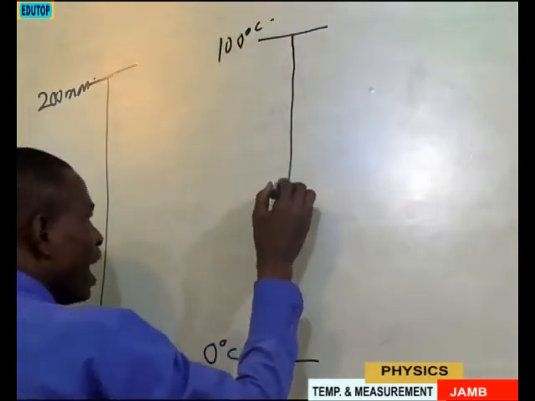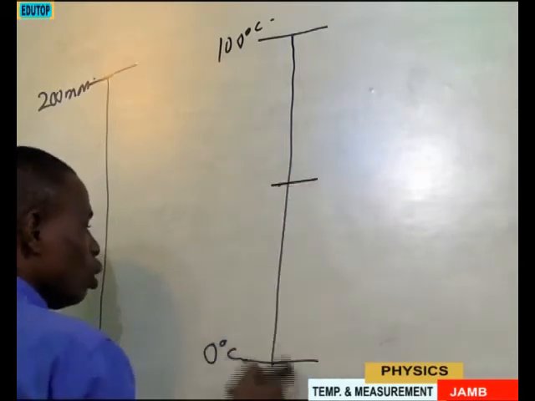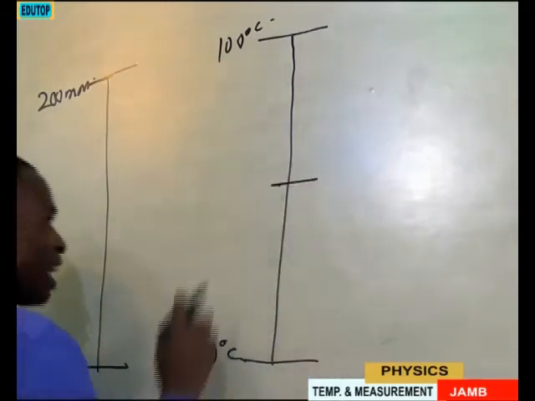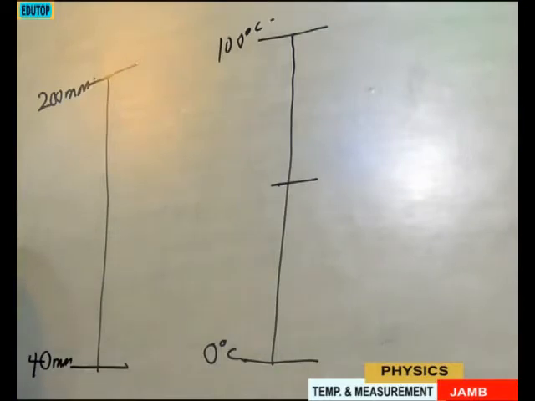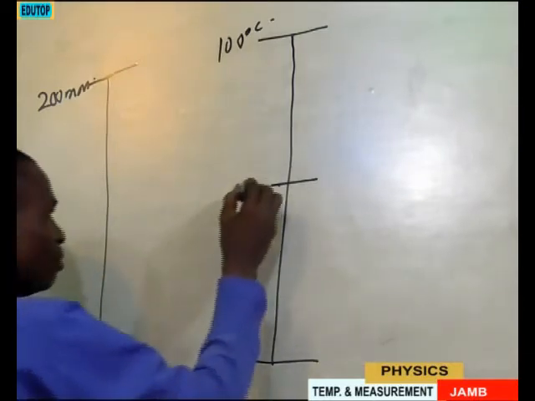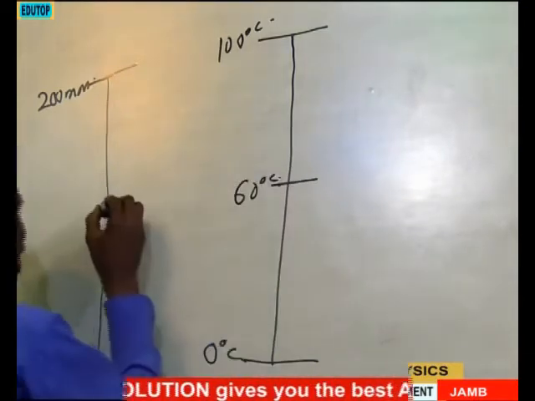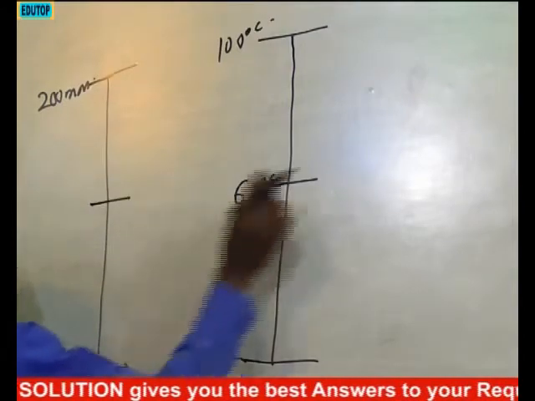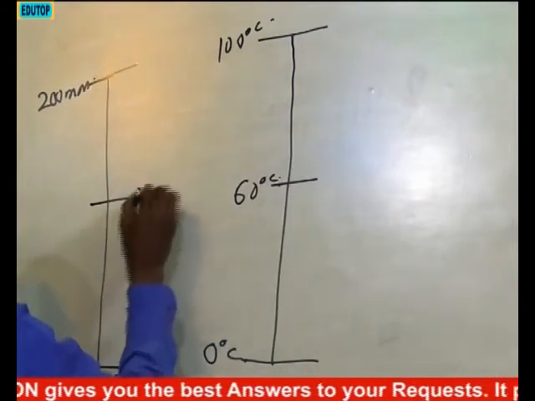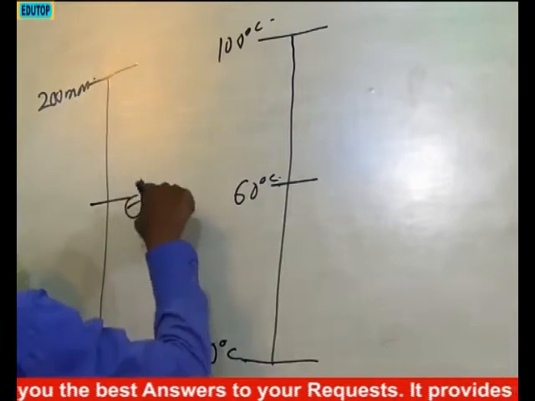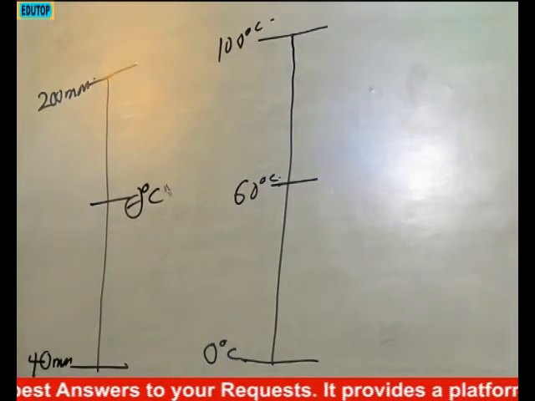And the value above the lower fixed point that the thermometer has read, what you are looking at in the question there is 60. So what will be the particular value that corresponds to this value? So we are looking for this.